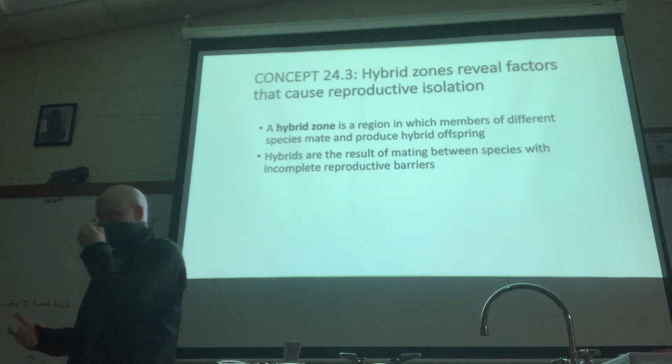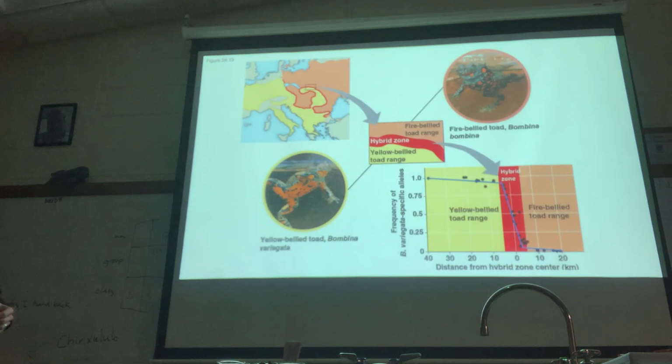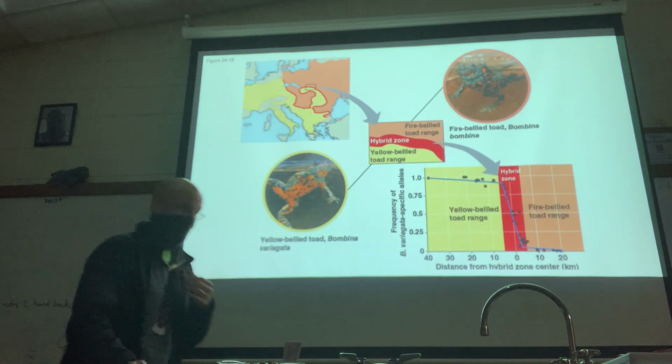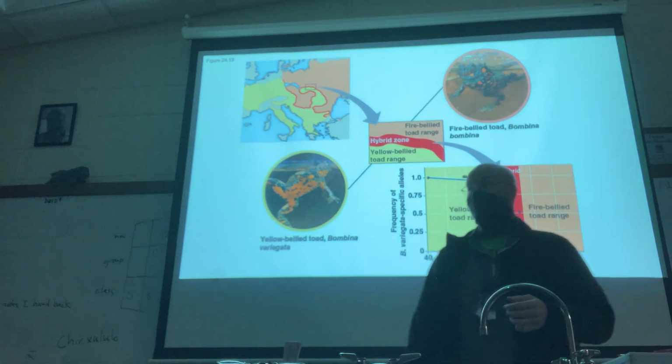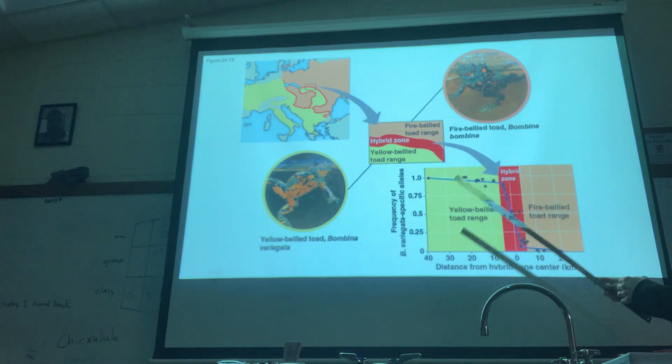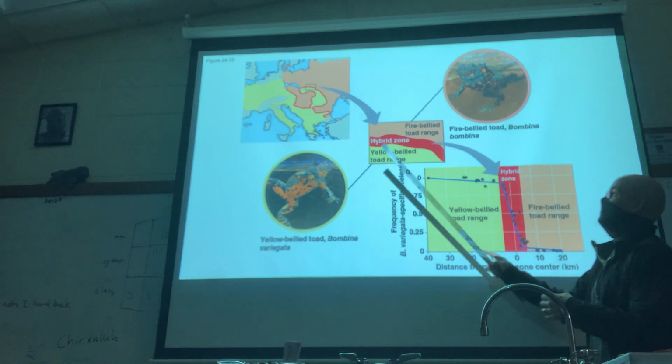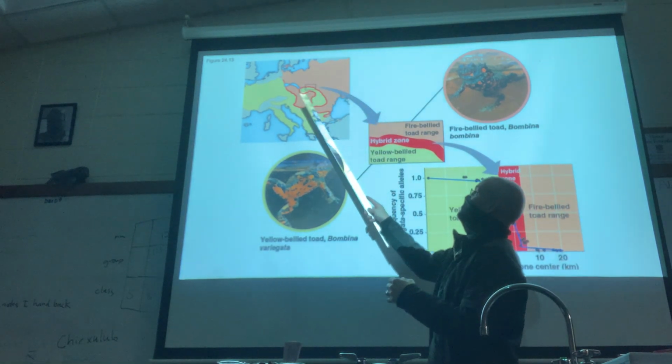Now, I think with hybrid zones, it's easiest to look at actual diagrams and maps of a situation like this. And these are going to be toads that are found in Eastern Europe.